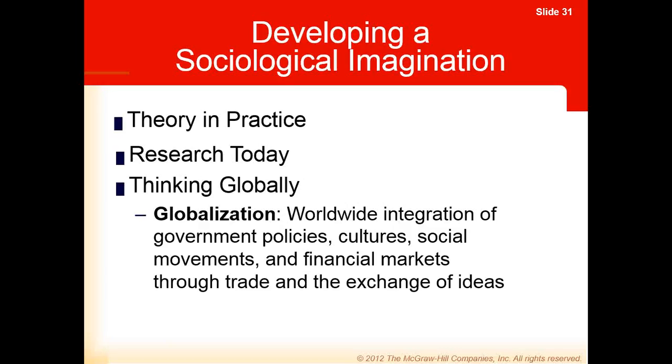And then finally, another way that the chapters will try to help you develop that sociological imagination is this idea of thinking globally. Globalization is the increasing interconnectedness of culture, politics, economies throughout the world. It's the worldwide integration of government policies, culture, social movements, financial markets through trade and the exchange of ideas.